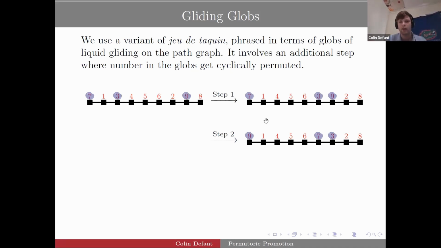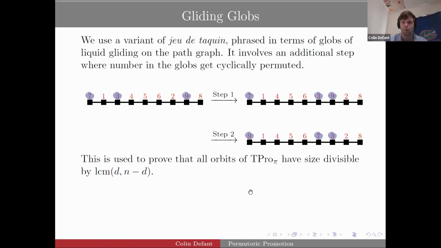And then there's this extra step where the numbers in the globs of liquid get cyclically permuted, so the 3 becomes a 7, the 7 becomes a 9, and the 9 becomes a 3. Again, I'm not really explaining what I'm actually doing here. This is just something that we define, but the whole point of doing this is that it allows us to prove that all of the orbits of permutoric promotion have size divisible by the least common multiple of d and n minus d.